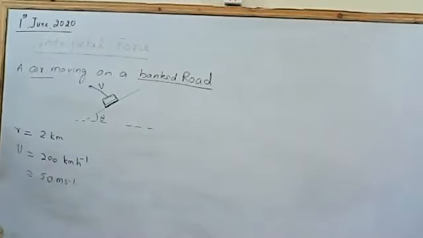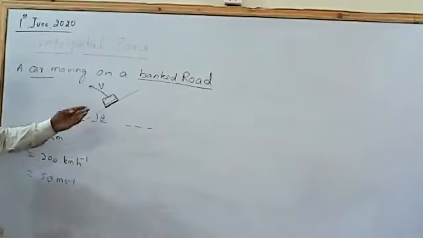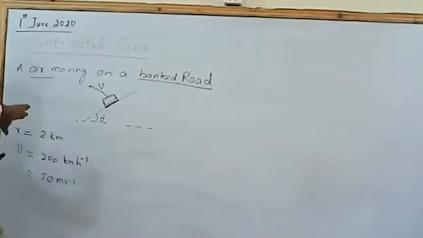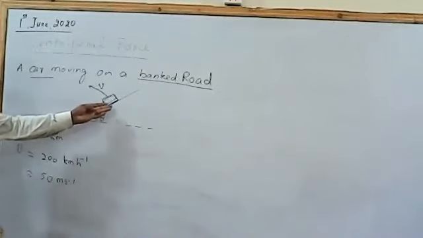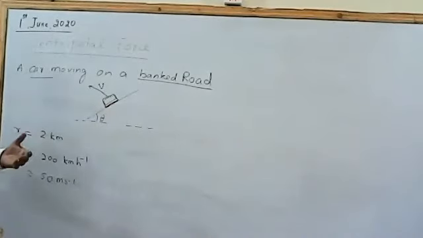So if this is the minimum speed with which a car is to take the turn along a banked road, as is often required on racing tracks, large radius is involved because it's a huge track, roughly 2 kilometers or even more than that.